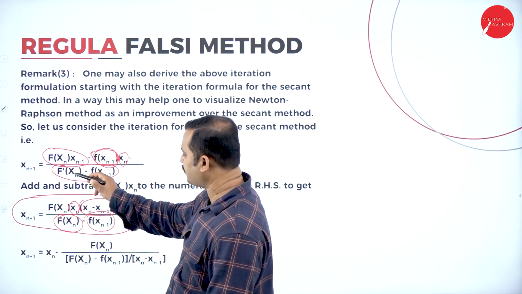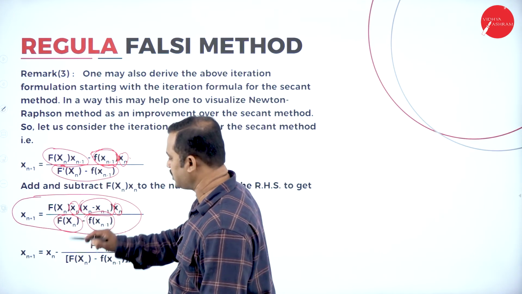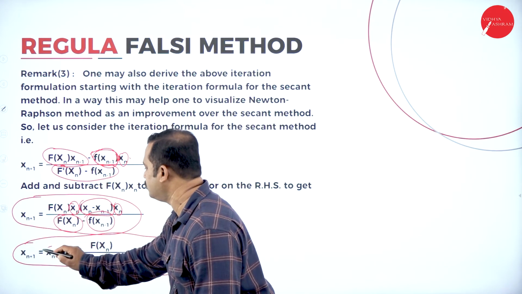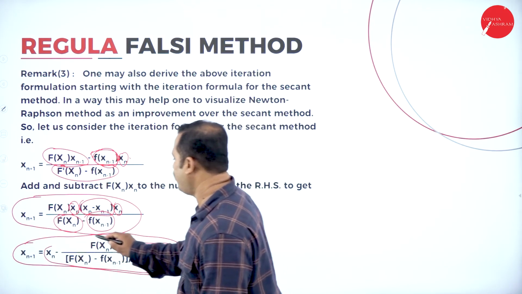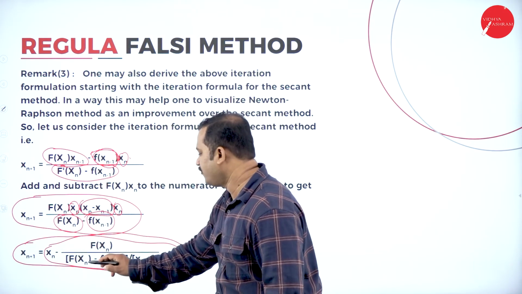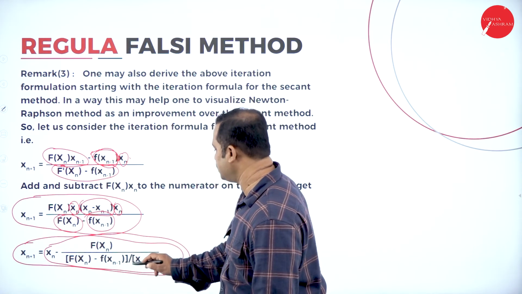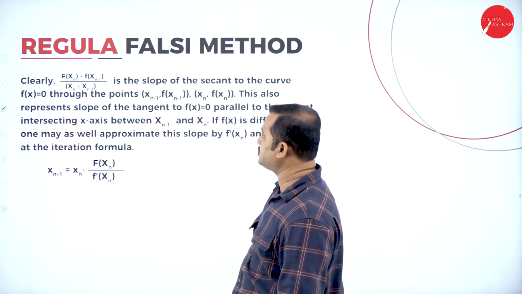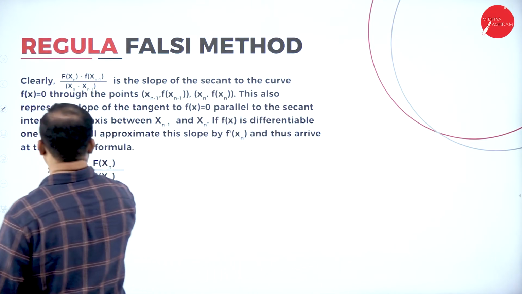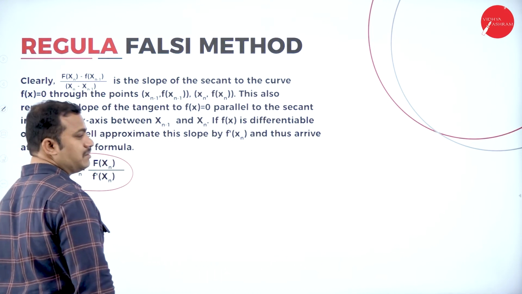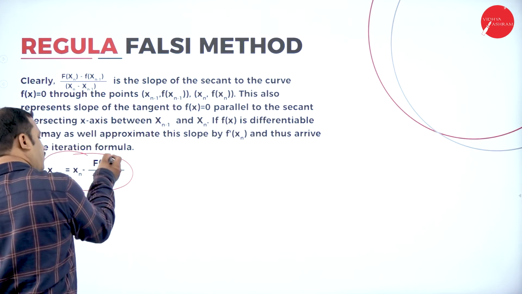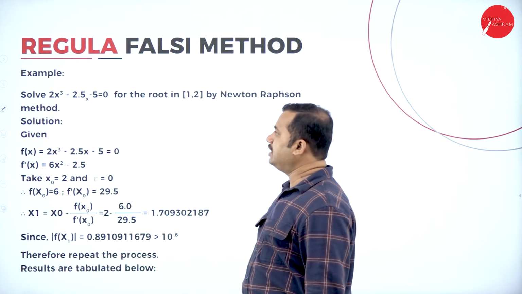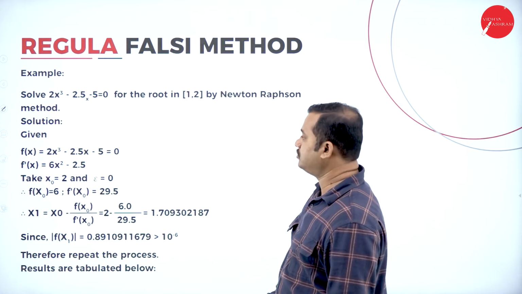Earlier it was f'(x_n), now it has become f(x_n). Now we get x_{n+1} = x_n - f(x_n) divided by [f(x_n) - f(x_{n-1})] / [x_n - x_{n-1}]. If I further simplify this, you will get the formula x_{n+1} = x_n - f(x_n) / f'(x_n). That clearly indicates how you can find the formula.